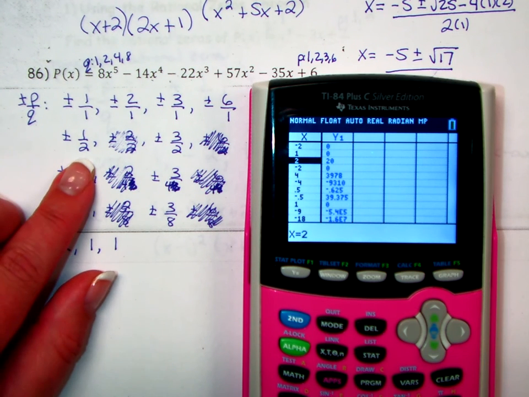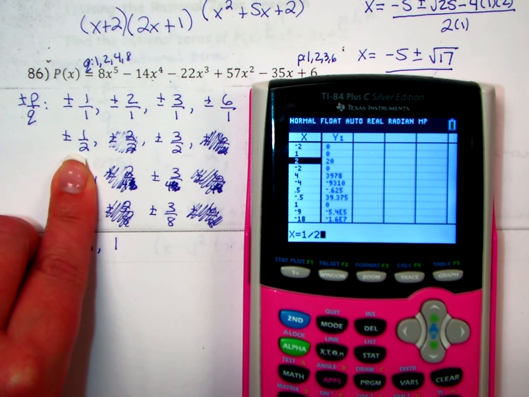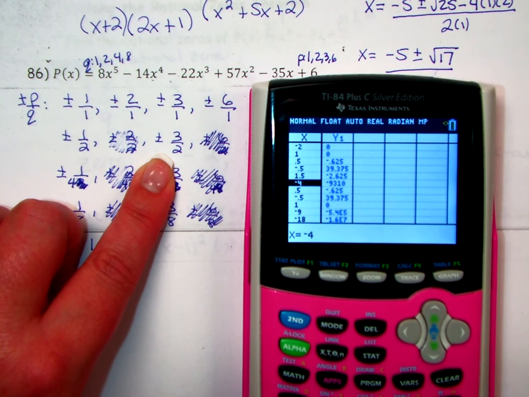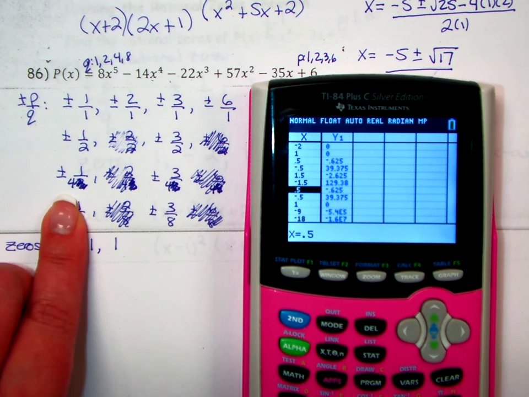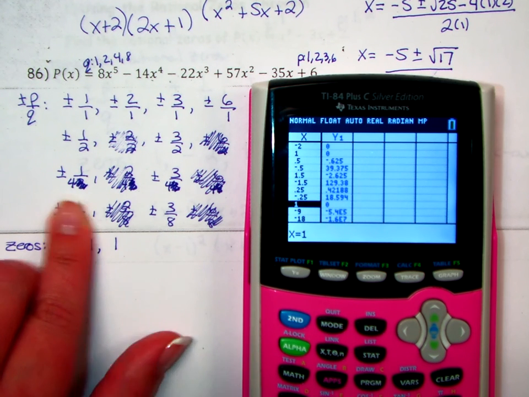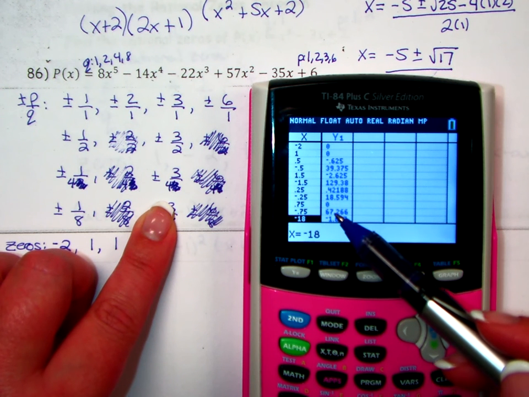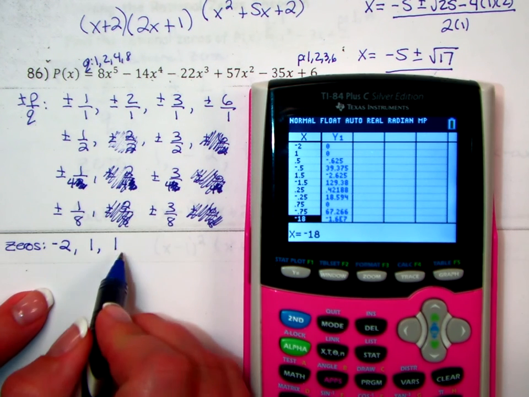Okay, so the fractions, I'm going to plug 1/2, -1/2, 3/2, -3/2, 1/4, -1/4, 3/4, -3/4. Oh, did you see that 3/4? Gave us a 0. Okay, so 3/4 works.